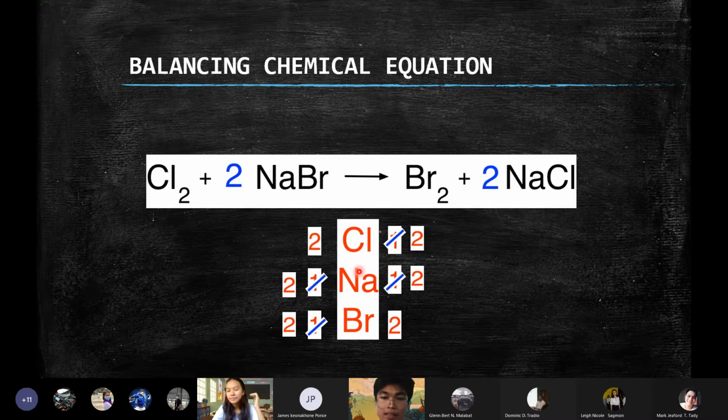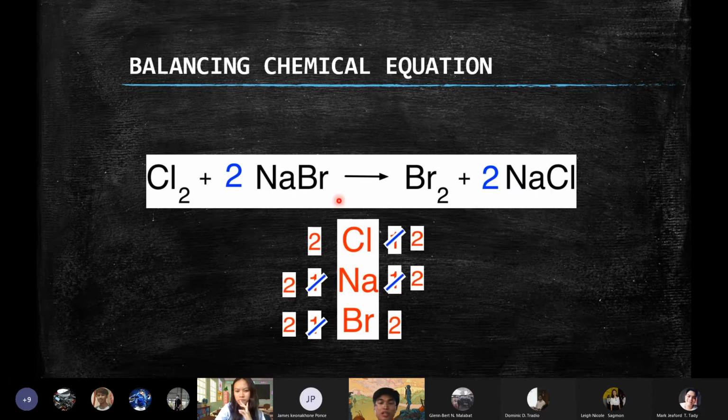The process before this was retained, only the process in the sodium bromide will be changed. We have the same concept. We have one here and one here in the sodium and bromide, but we multiplied two times one for the sodium on the reactant side, it yielded two atoms, and the same with the bromide.